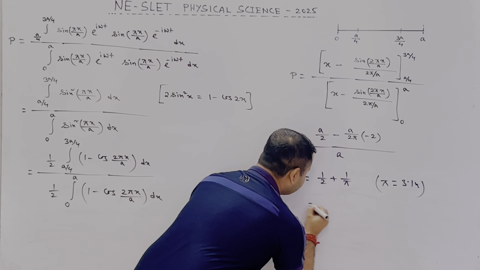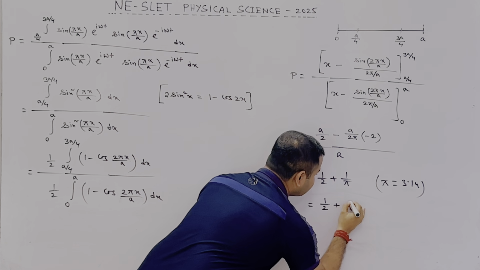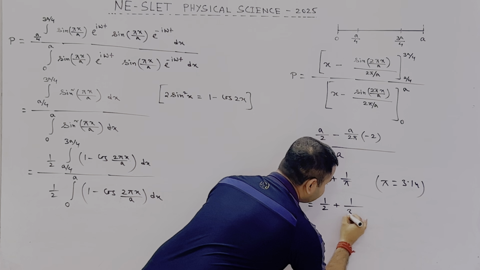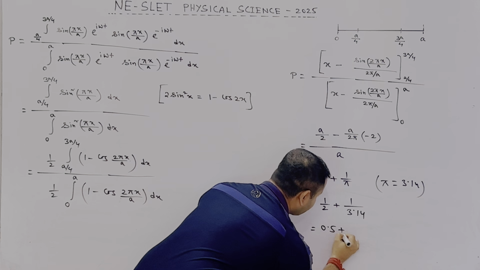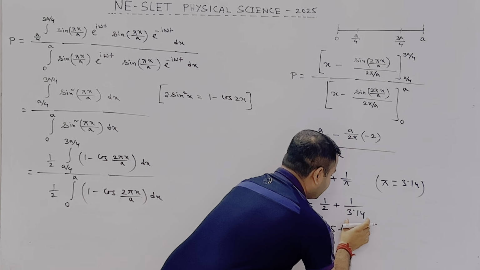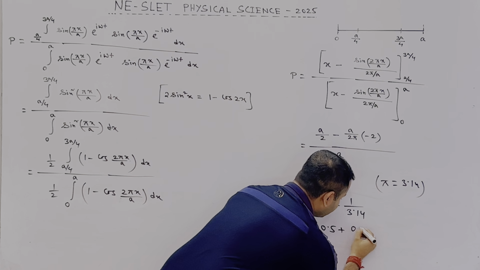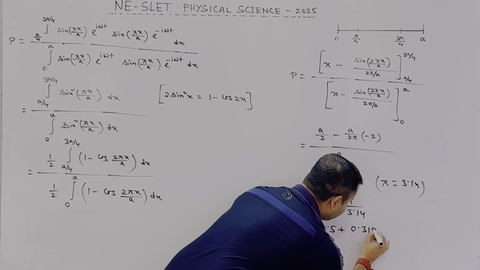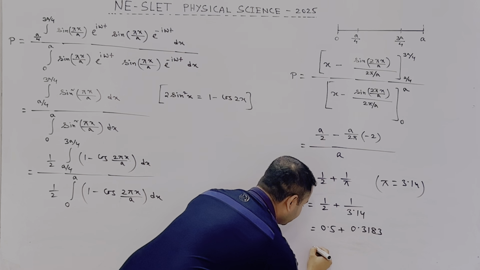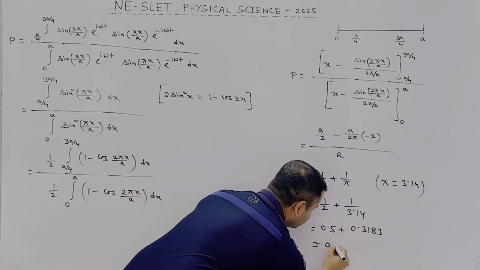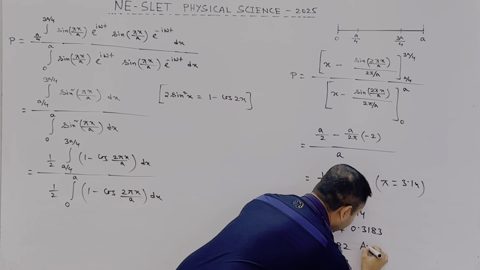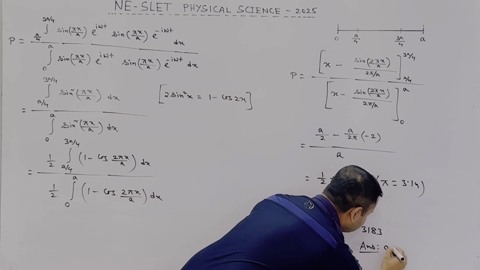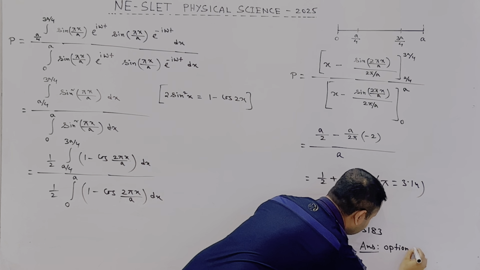So we get 1 by 2 plus 1 by 3.14. 1 by 2 basically means 0.5, and if I divide 1 by 3.14 we get 0.3183. So if I add these, finally we get 0.82. So the answer is option D.